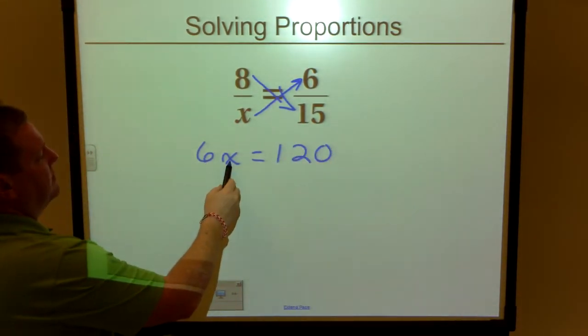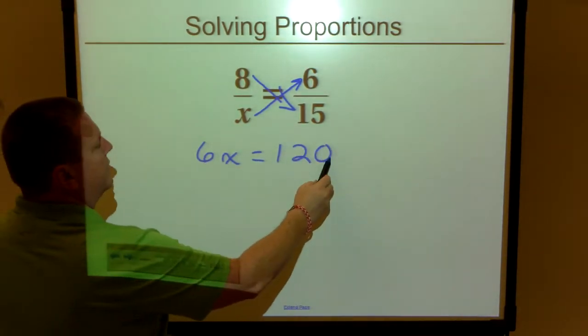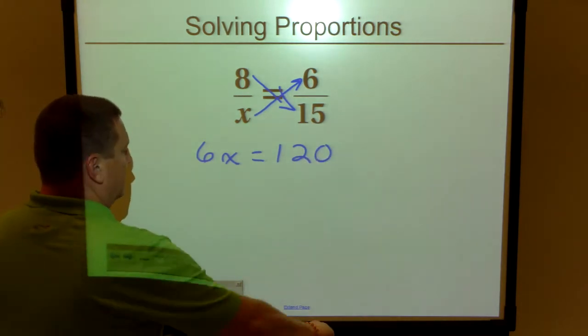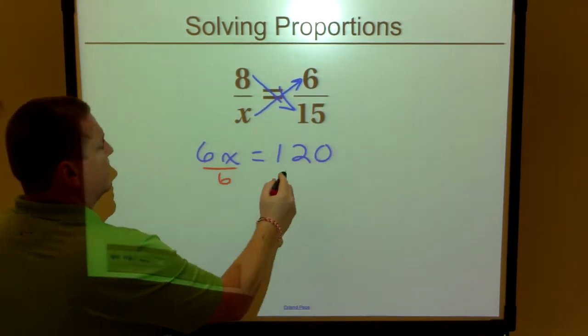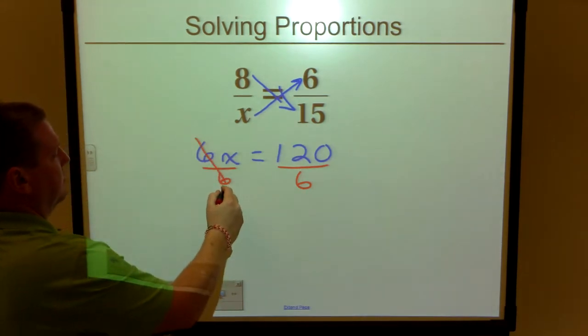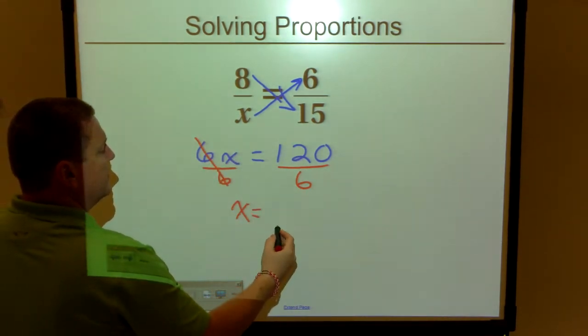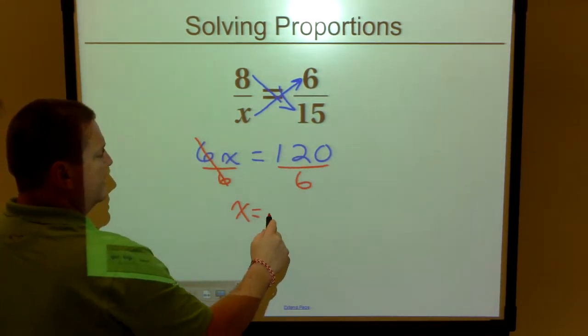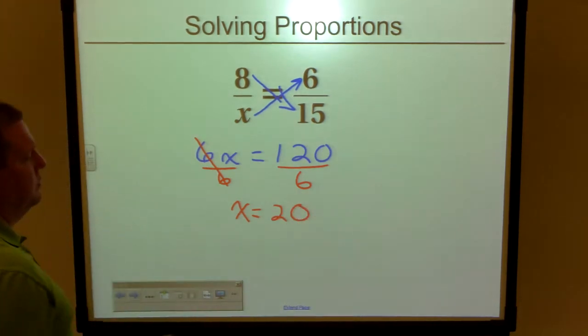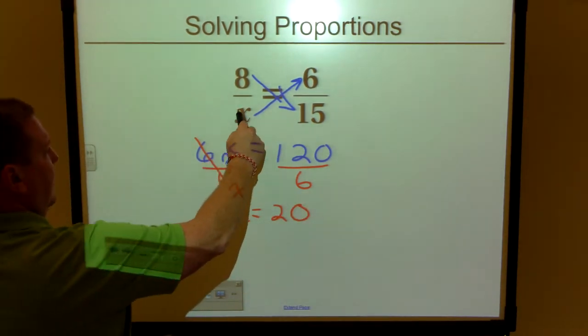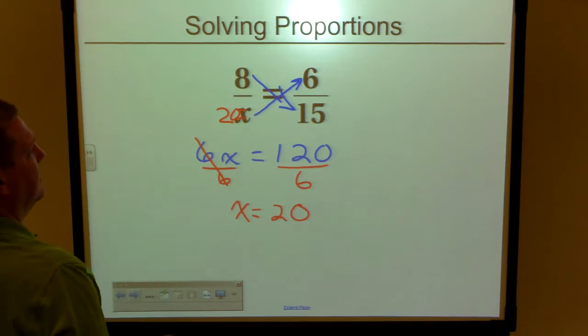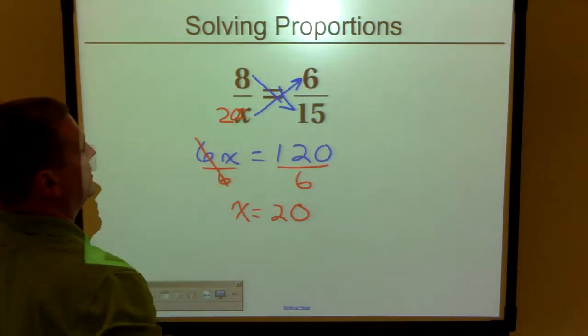So 6 times x, or 6x, is going to equal 120. Then all we have to do is divide by 6 on both sides. This becomes a 1. 1 times x is just x, and 120 divided by 6 is going to give you 20. So the value of x should be 20 to make this ratio equal this ratio.